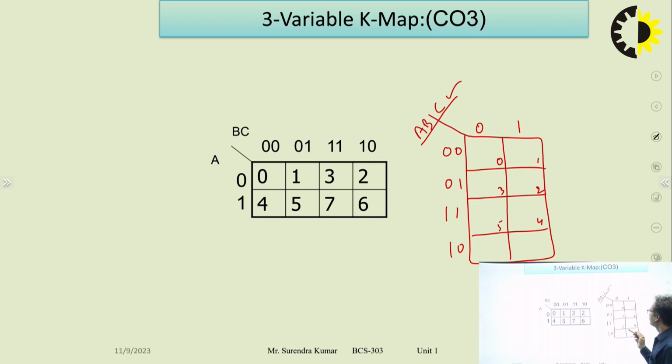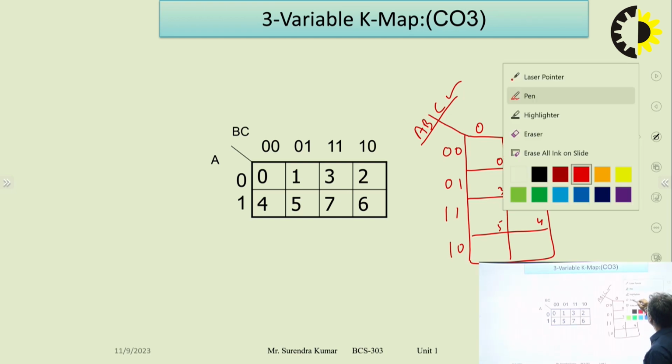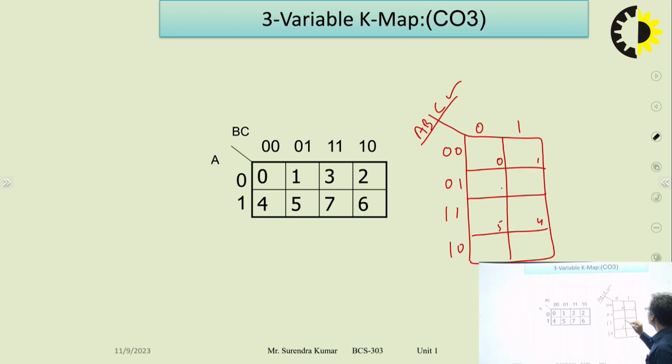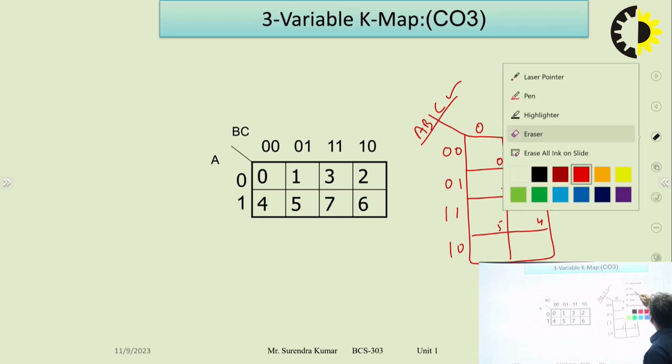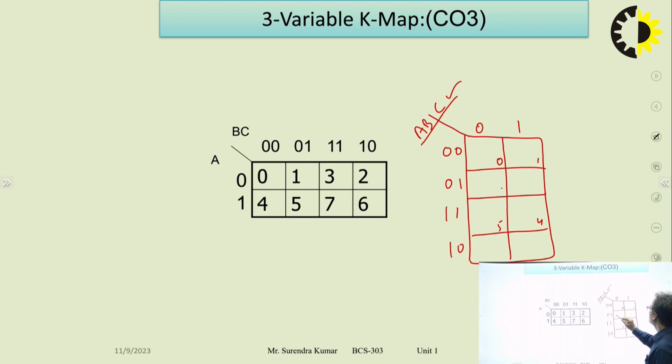You can denote it with the help of these numbers: 000, 001. This one is your third cell, 011. This is your second cell, 010. This is 110, your sixth cell.